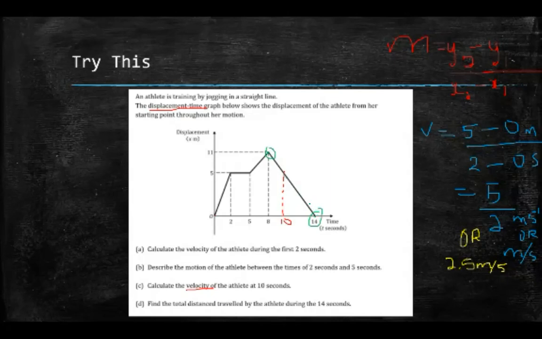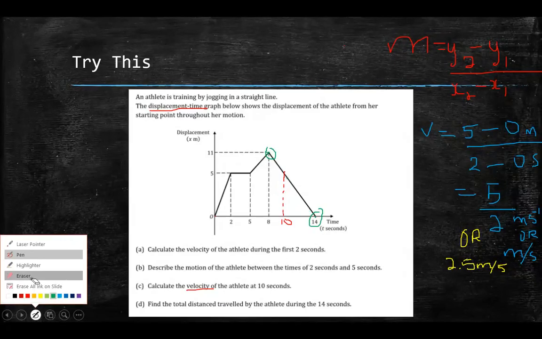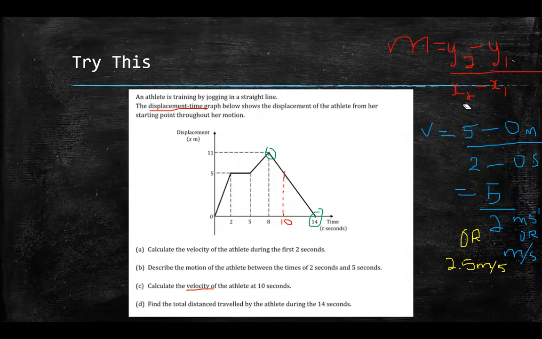Whatever gradient I get would be the gradient at 10 seconds. Why? Because the gradient of a straight line is constant. Do you understand that? Yes, Miss. I know that may have confused somebody, and it's okay, because now you know.